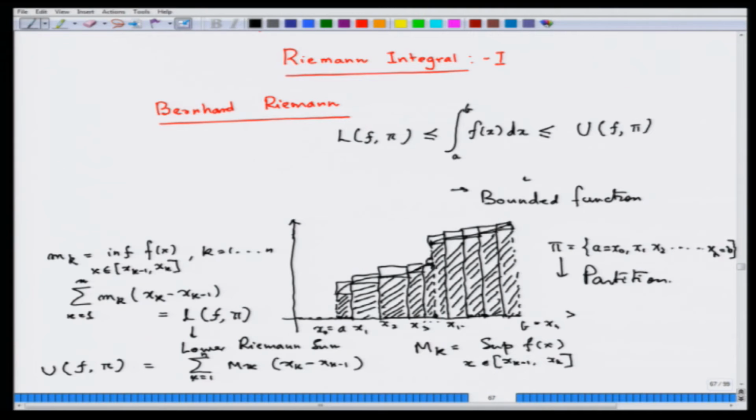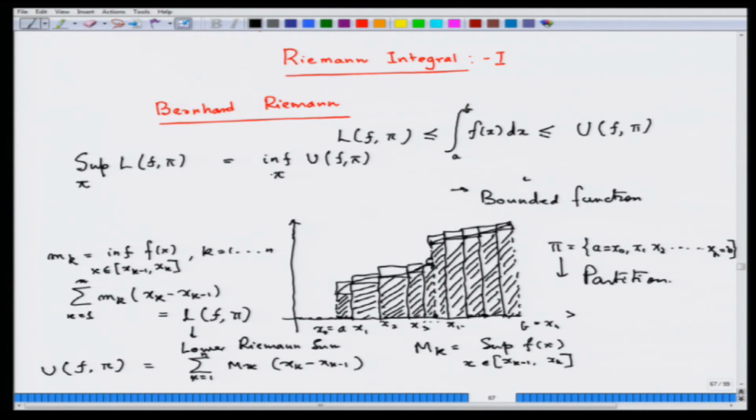Now, suppose we take the supremum of L f pi over all possible partitions pi, and the infimum of the upper Riemann sum over all possible partitions pi.